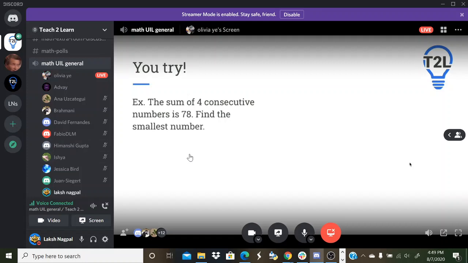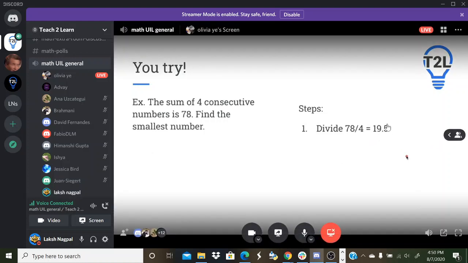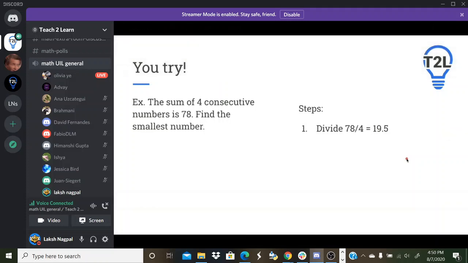Okay, yeah. So this one was a bit tricky because it had 4 numbers instead of an odd number. So when you have an even number, you technically don't really have a whole middle number. Instead, you have a decimal that's a middle number. So for this, you would divide 78 by 4, and that's sort of technically the middle number, but not really, because there is no middle number in a sequence of even digits.